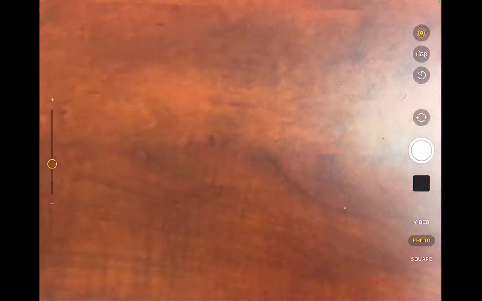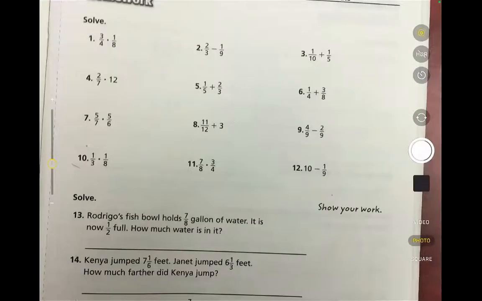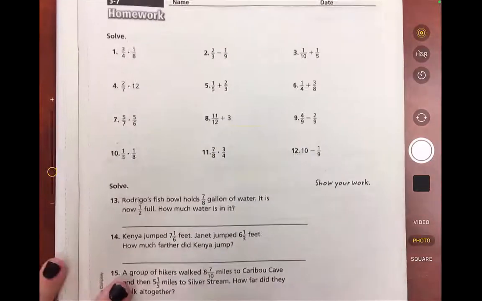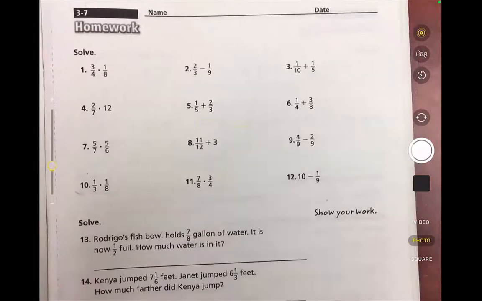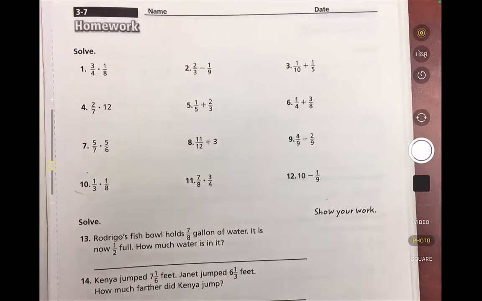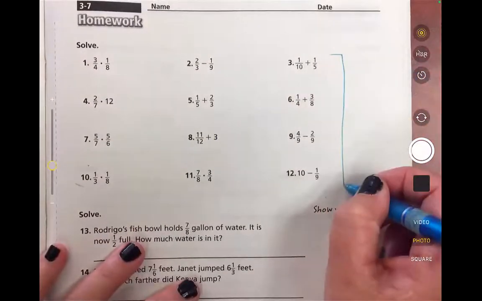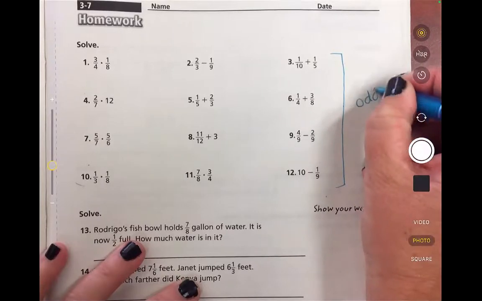Okay, let's take a look in our homework books. I'm gonna make some changes here, so hopefully you're with me. For this top part up here, I want you to just do the odds.